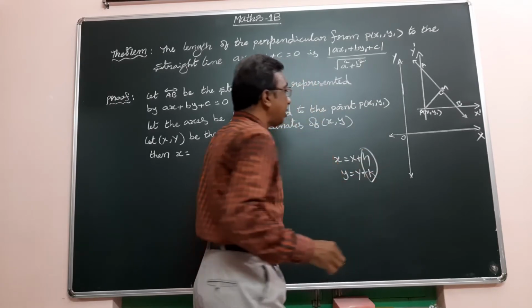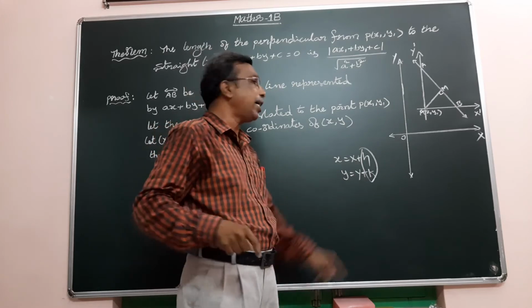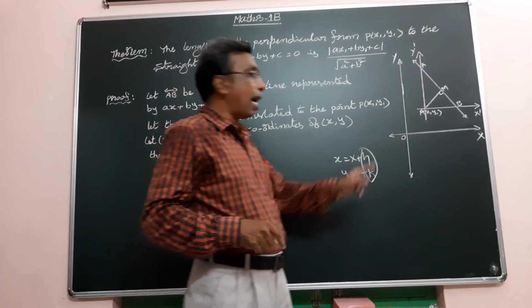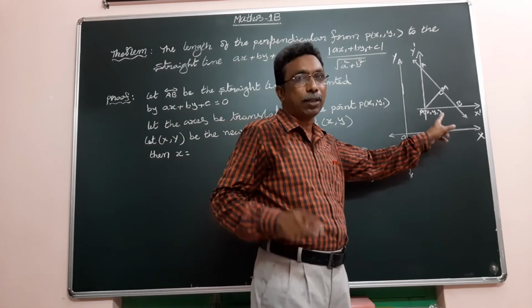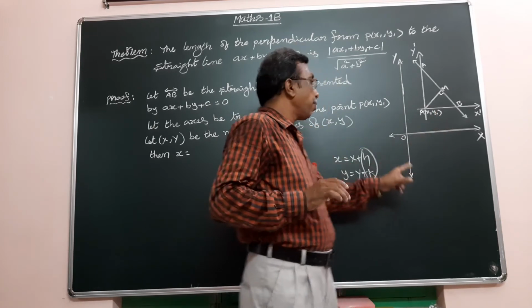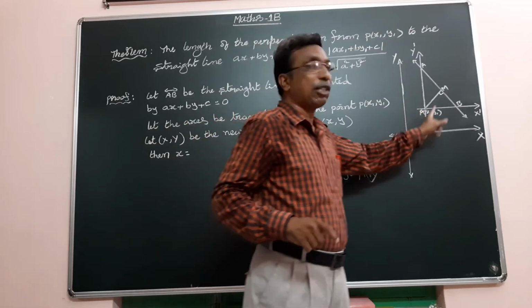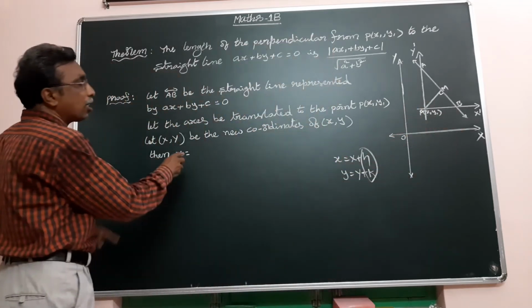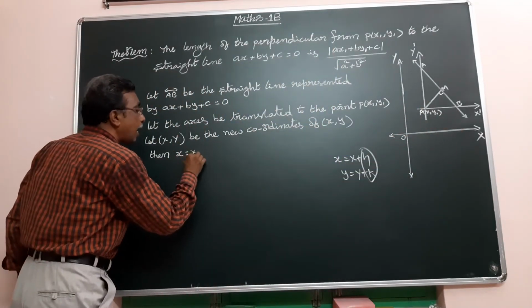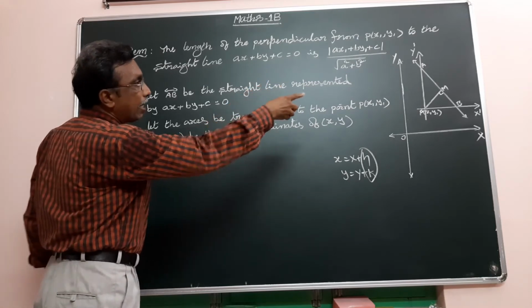h, k is the point to which the origin is shifted. Now we write that point. This origin is shifted to the point x1, y1. So we take the h, k values as x1, y1. Small x equal to capital X plus h, h means x1.